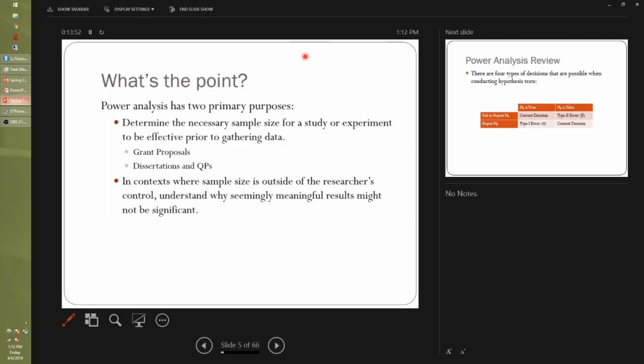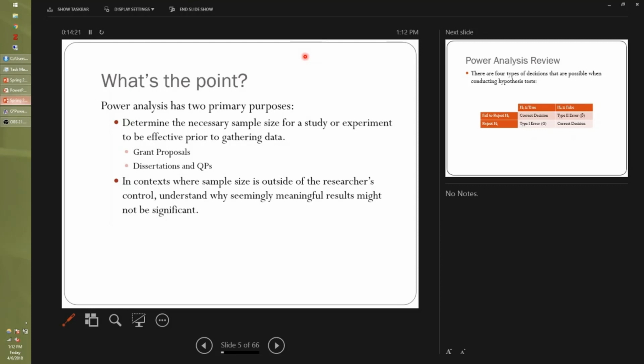So in contexts where sample size is outside of the researcher's control, maybe your advisor has a data set that they gave you and you're doing a secondary analysis on it with what is available to you, and the sample size is a little bit constrained. You do your analysis and you get a result where the effect you see seems meaningful, because significant is something else in this context, but is not statistically significant.